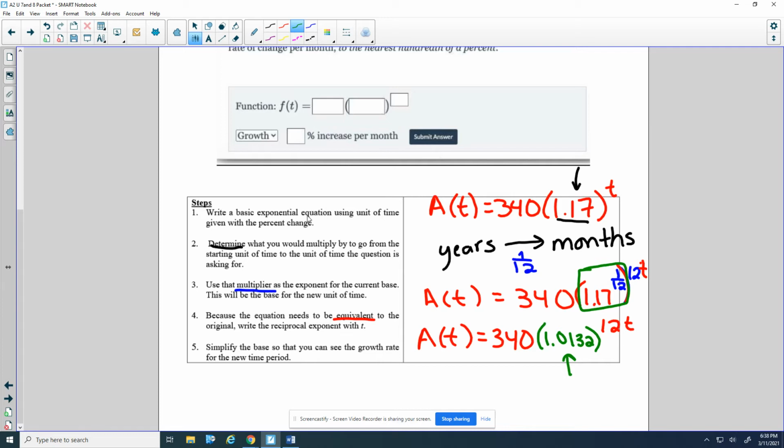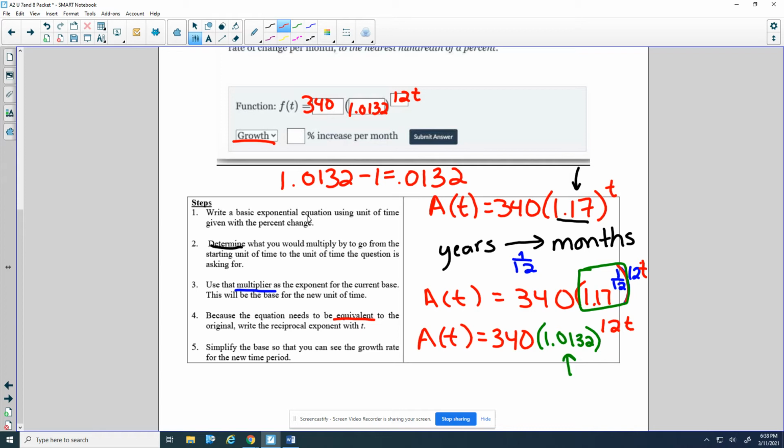So that's the formula we're going to write up here for f of t, the formula that reveals the monthly growth rate: 340 times 1.0132 to the 12t. That's growth, right? And what percent are we increasing per month? We would just do 1.0132 minus 1.